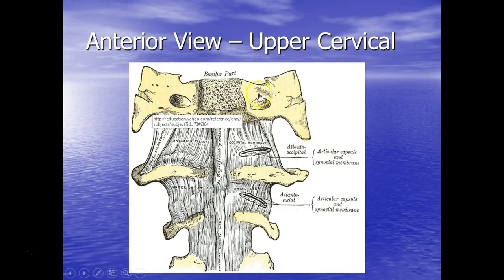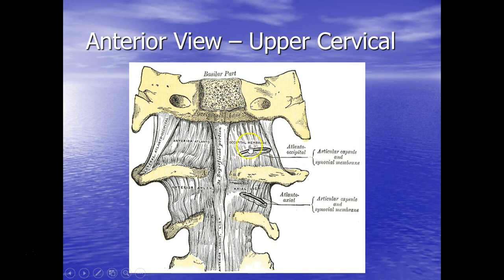So again, this is an anterior view showing the skull, but the rest of the anterior part of the skull has been cut away here. So this is the occipital bone just anterior to the foramen magnum here, the basilar part of the occipital bone, the anterior atlanto-occipital membrane running from anterior arch of atlas and lateral mass upwards to the basilar part of the occipital bone surrounding the anterior foramen magnum.